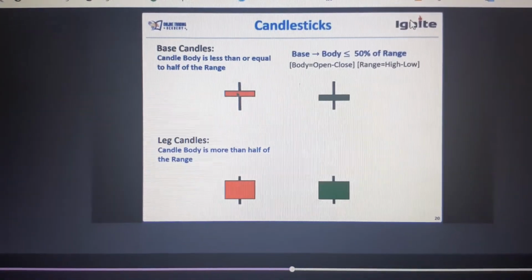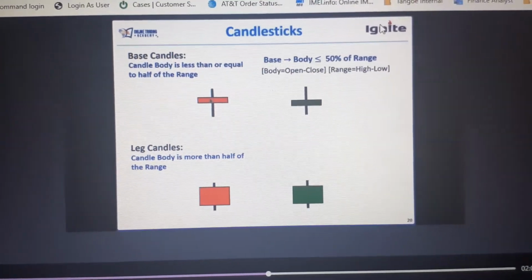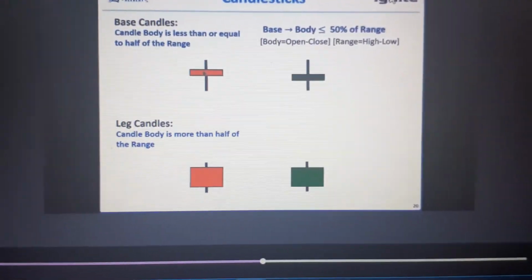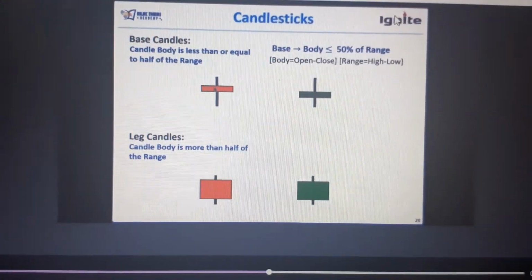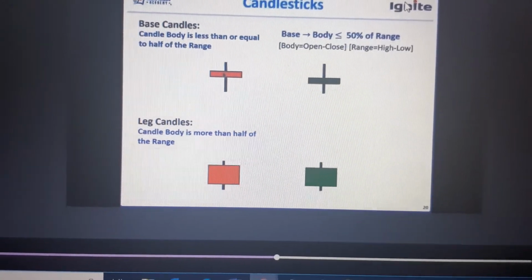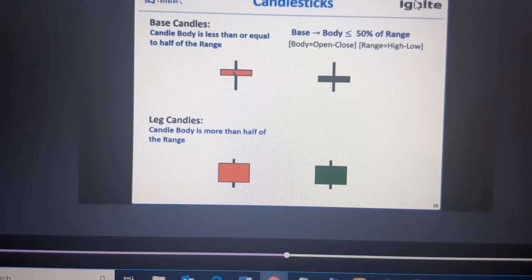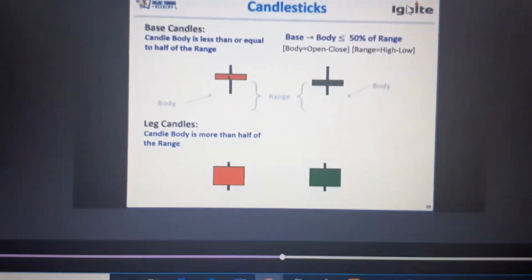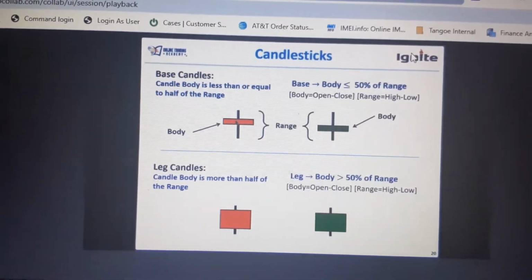Whenever the body is less than or equal to 50% of the range, then that candle will be called a base candle. So this is your body, that's your range.